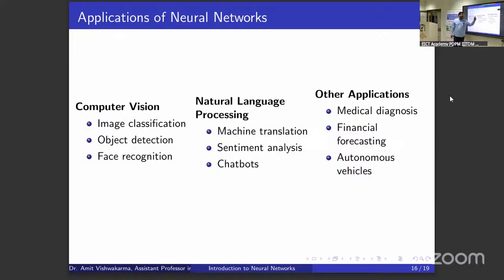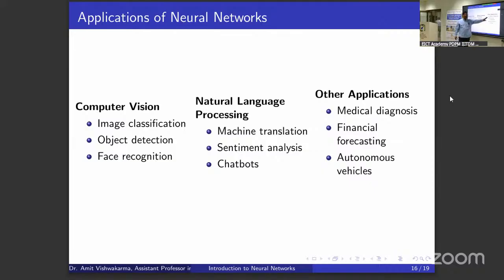Neural networks are also used in natural language processing: machine translation, which we all use now for translating; speech to text conversion; text to speech; sentiment analysis; chatbots.